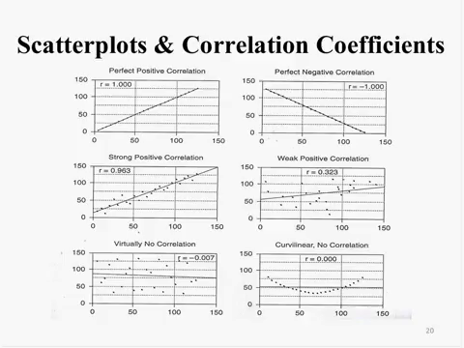Moving on to slide number 20, we're talking about scatterplots and correlation coefficients. The correlation coefficient talks about the extent to which two variables, the independent and the dependent variables, are related. Looking at the top left, we see perfect positive correlation, meaning as the value on the horizontal scale, the independent variable, goes up, the value on the vertical axis, the dependent variable, also goes up.